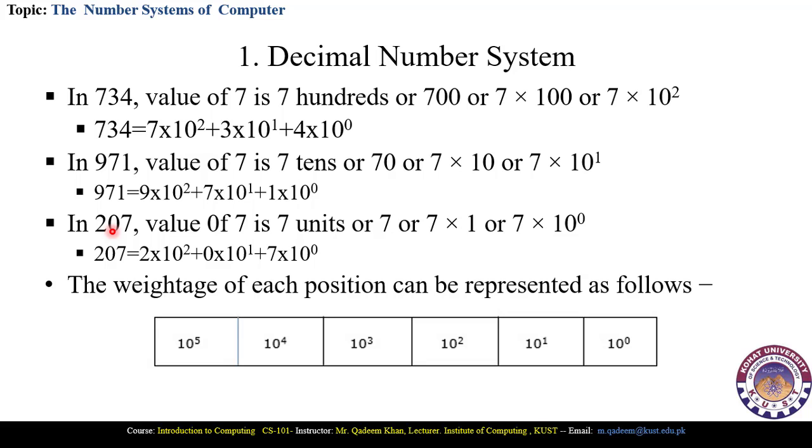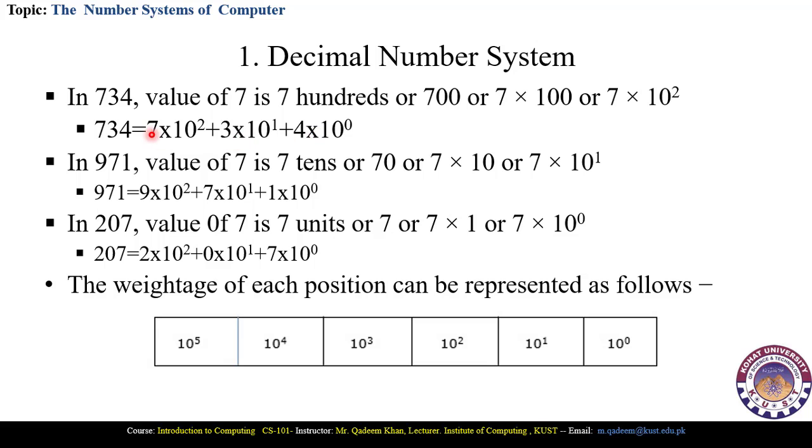In 734, the value of the 7 is 700, which is 7 with double zeros, or it can also be represented by multiplying 7 with hundred. So 7 multiplied by 10 raised to the power 2, because 10 raised to the power 2 represents 100. Thus 734 is equal to 7 multiplied by 10 raised to the power 2, plus 3 multiplied by 10 raised to the power 1, plus 4 multiplied by 10 raised to the power 0.